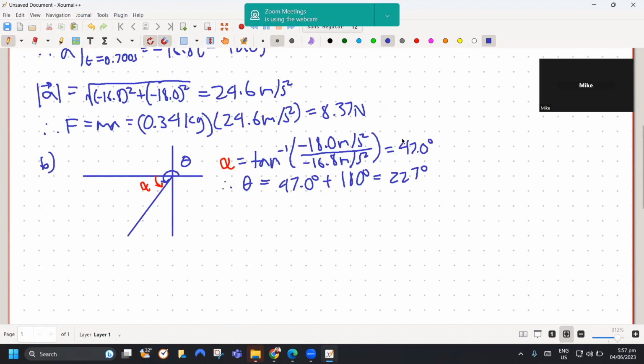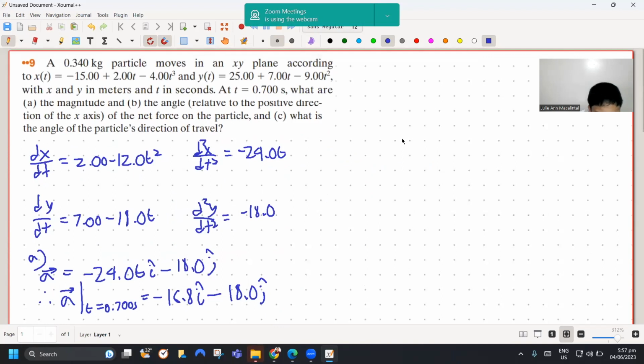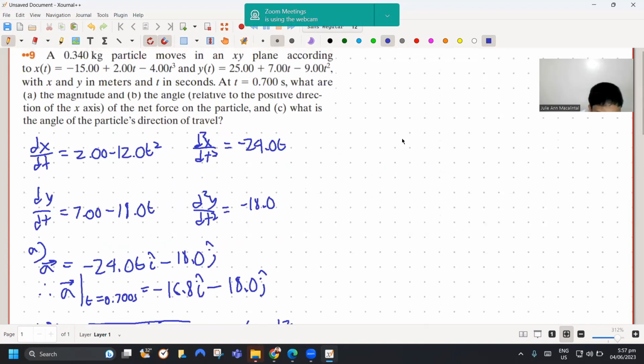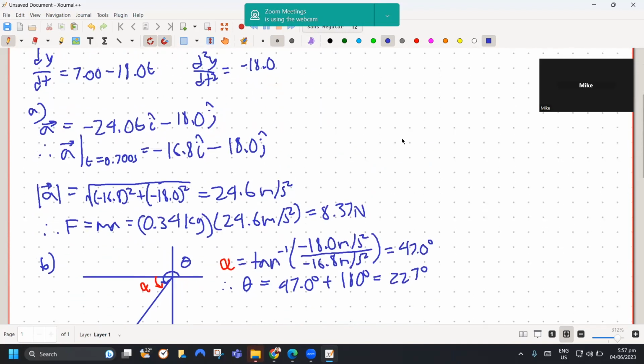Does position tell you about the direction of motion? No, kasi just tells you nasaan. Where it's going at that instant, you don't know. Kailangan mo ng velocity. Okay, velocity. Okay.